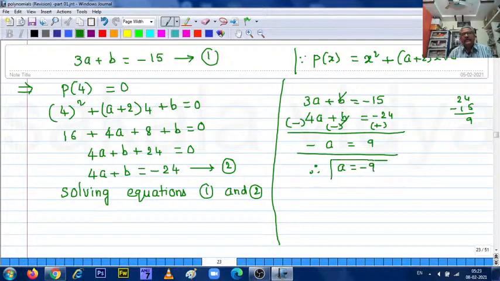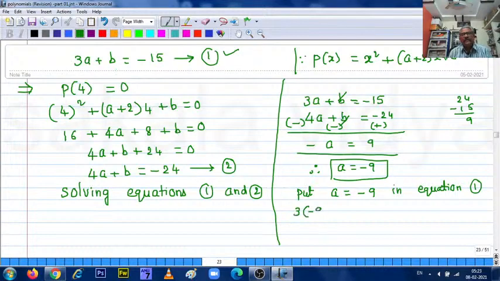Now we know the a value. Now put a equals to minus 9 in equation 1. In the place of a, put minus 9 and find the b value. That is 3 times minus 9 plus b equals to negative 15.